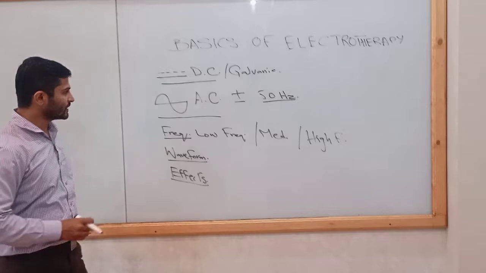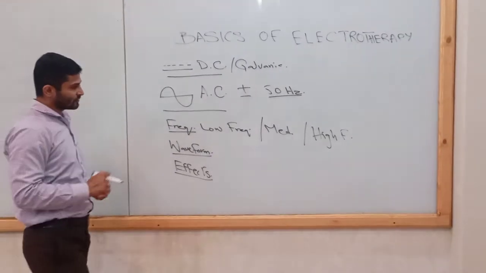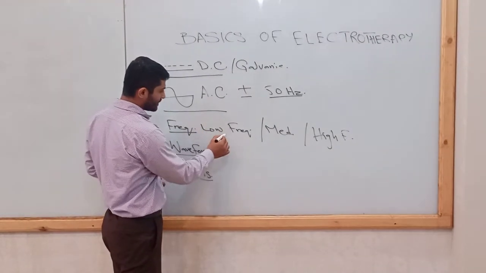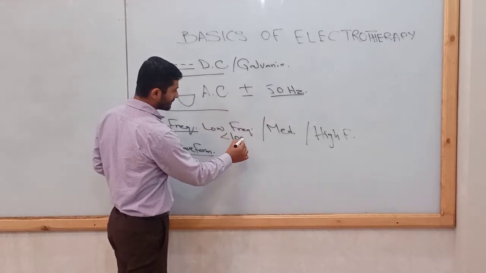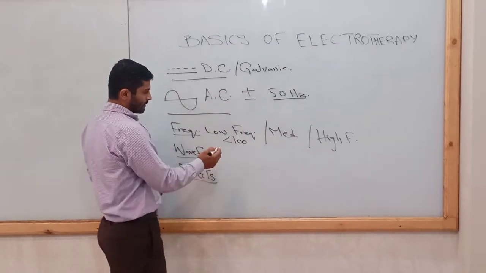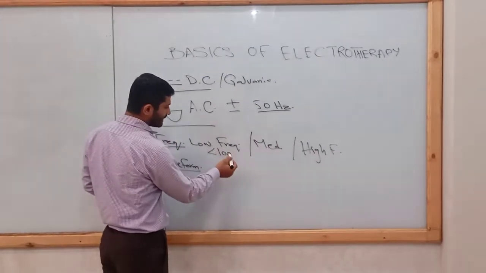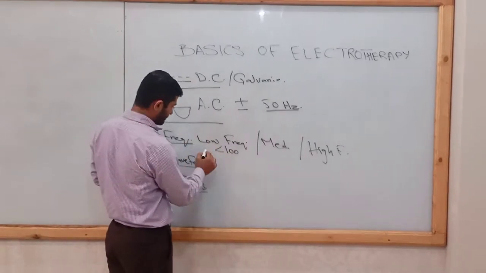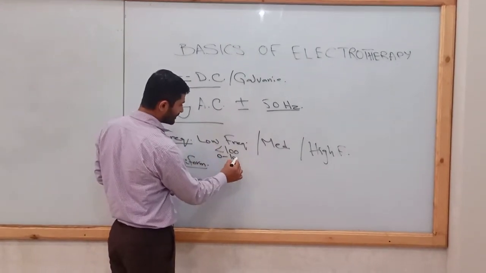Now this is very easy to understand. Low frequency currents are those currents whose frequency is less than 100, or normally it is said that the range is 0 to 100.